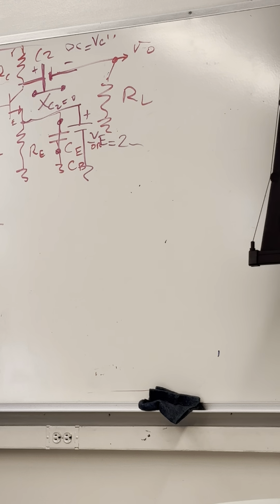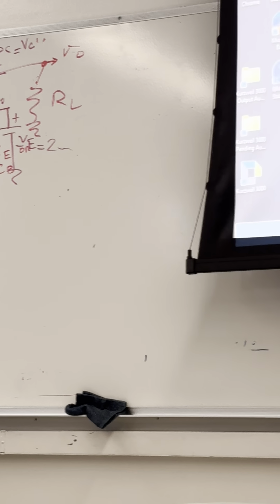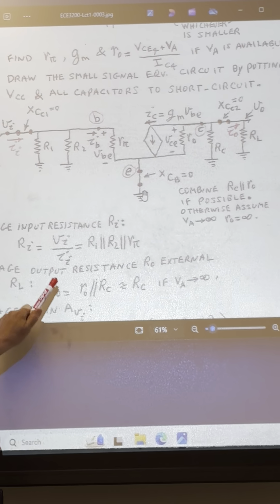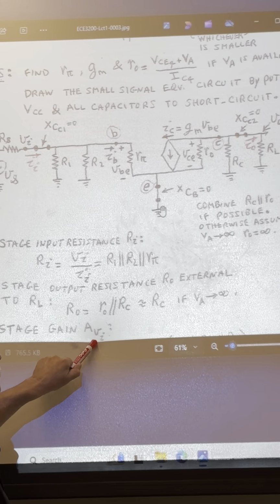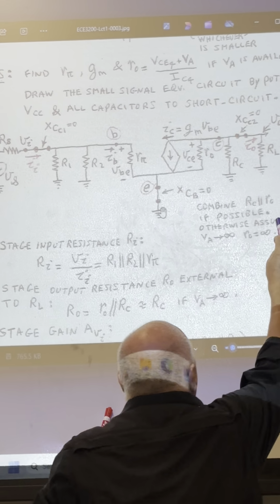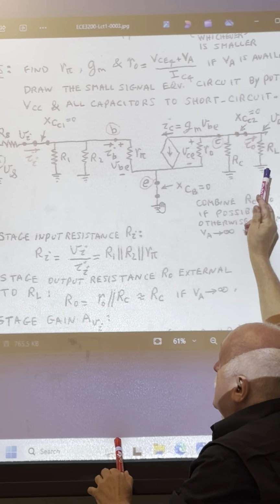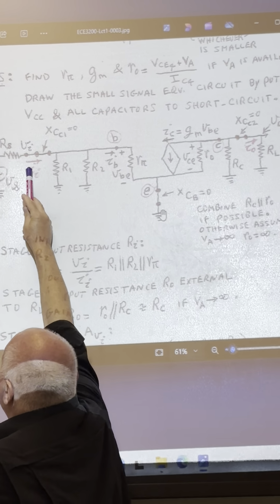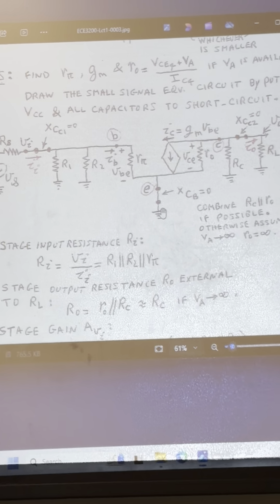Now, finding the voltage gain. I'm going to relate the voltage gain AVI. AVI means the ratio of that amplitude VO divided by the input voltage here.